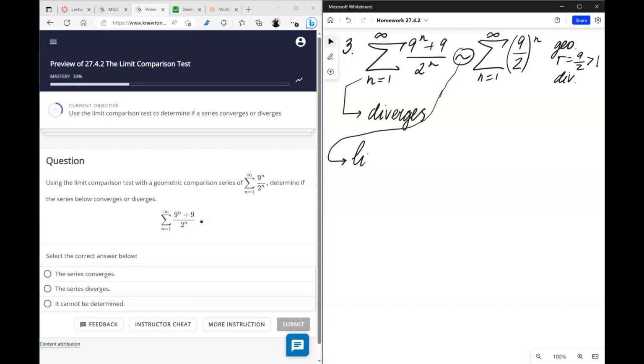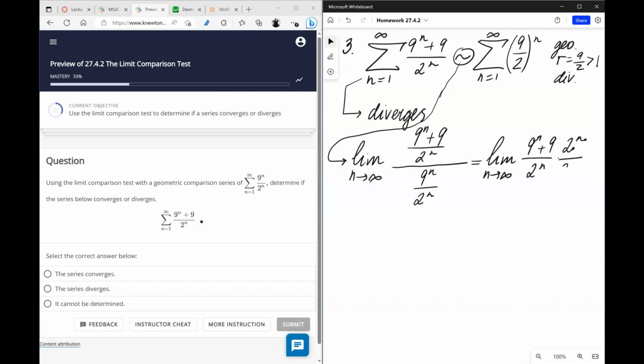And to prove this equivalence, we have to set up the limit as n goes to infinity. In the numerator, it's the general term of the original series. In the denominator, it's the general term of the series against which we make a comparison. We continue finding this limit, and simplifying.